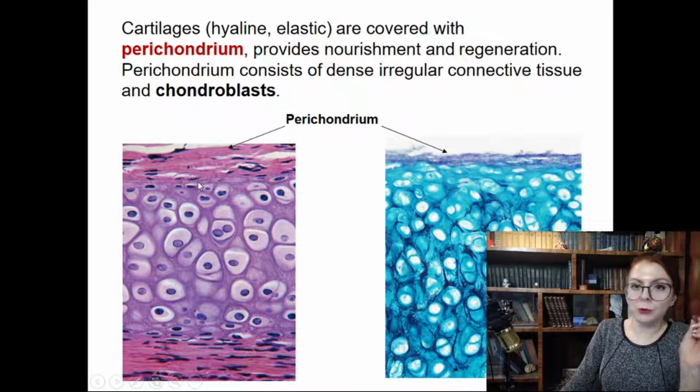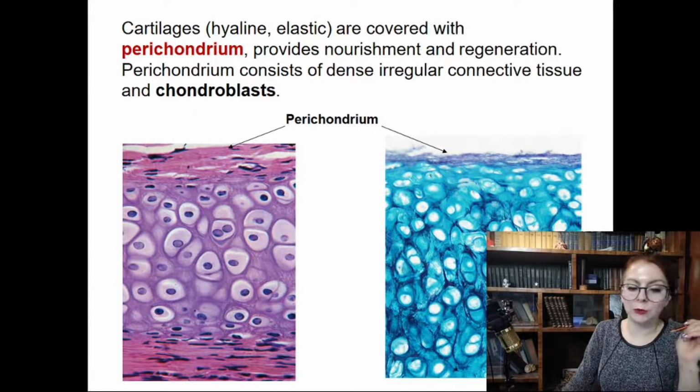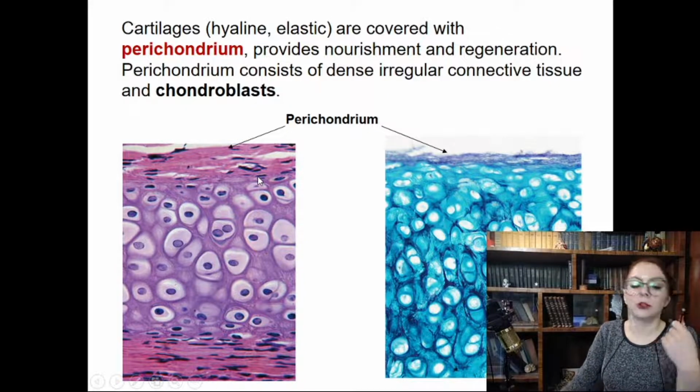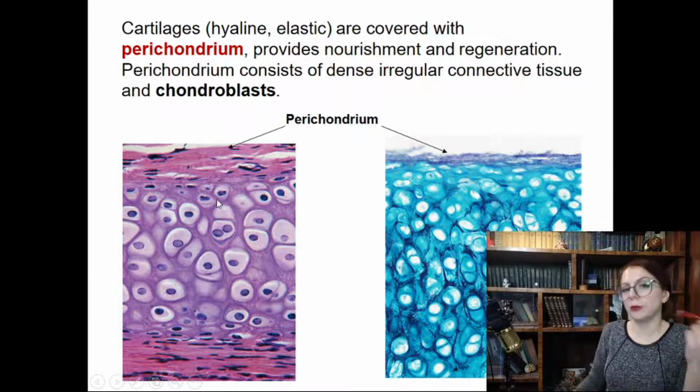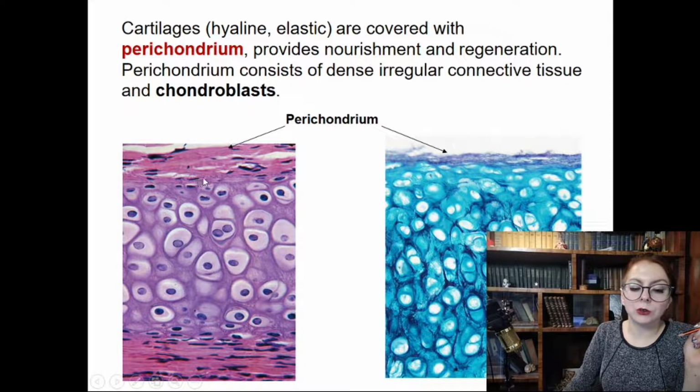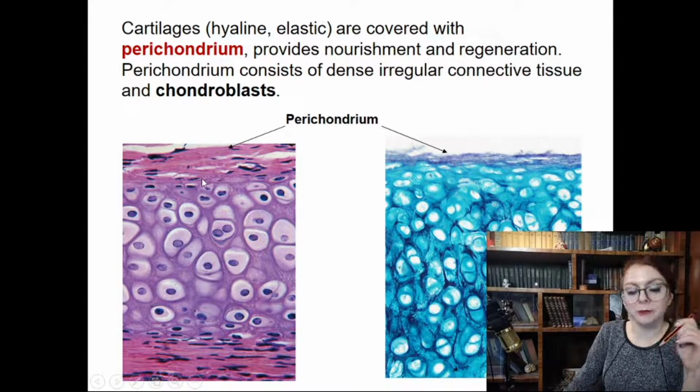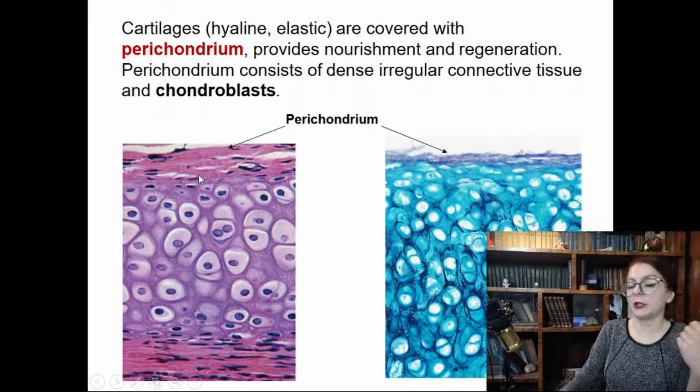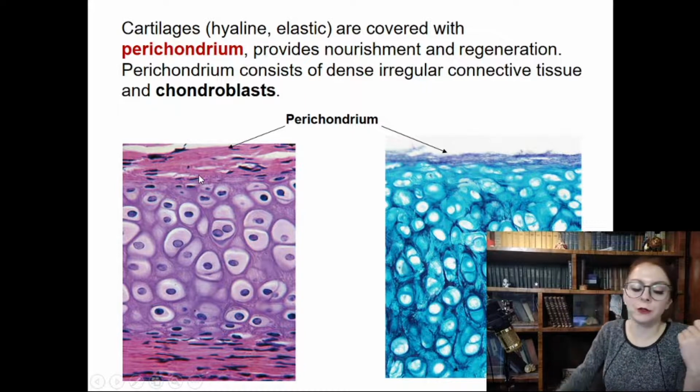The most important function of the perichondrium is regeneration and nourishment. Remember, due to blood vessels, it supplies the cartilage tissue with nutrients, and due to the presence of immature cells, it can regenerate the cartilage.